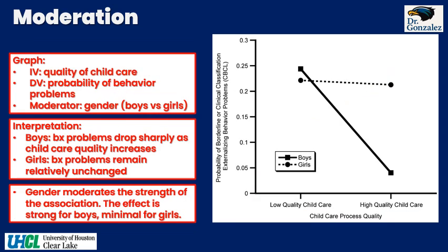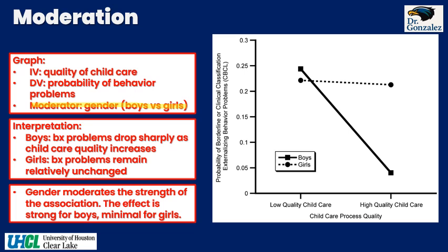Here's another one using a categorical variable. So in this graph, we have the child care quality again, and we have the probability of behavior problems. So is little Johnny going to whop little Susie on the head? And this time I have a moderator, gender, boys versus girls. So what I see here is that for boys, what happens?